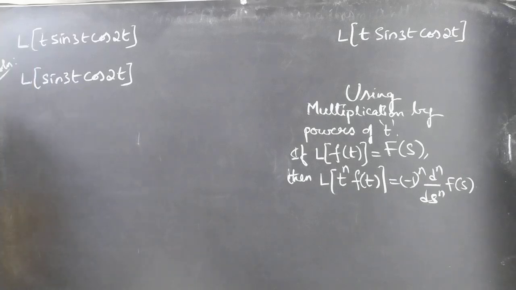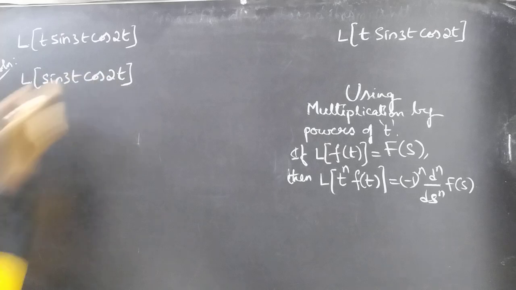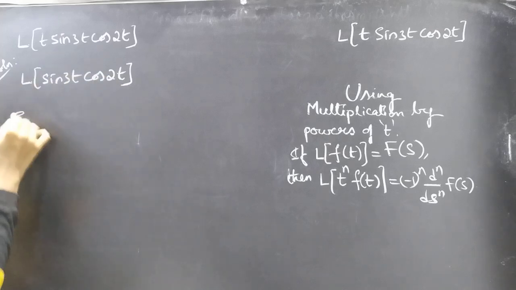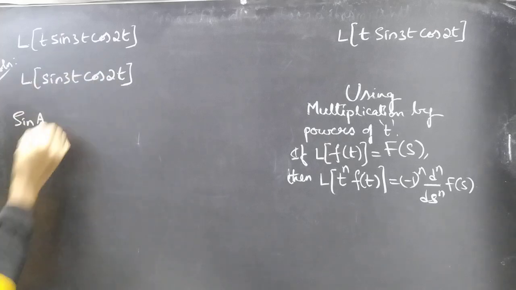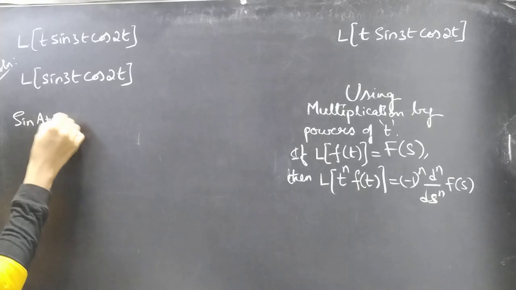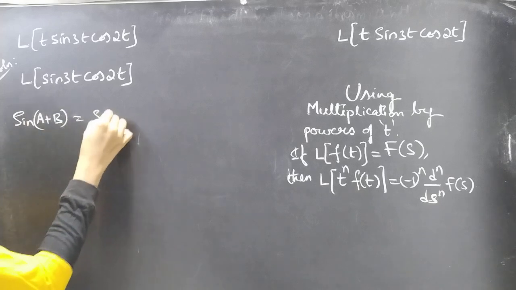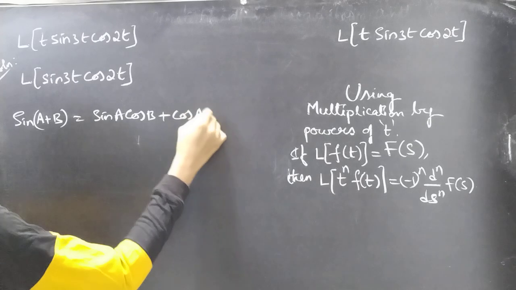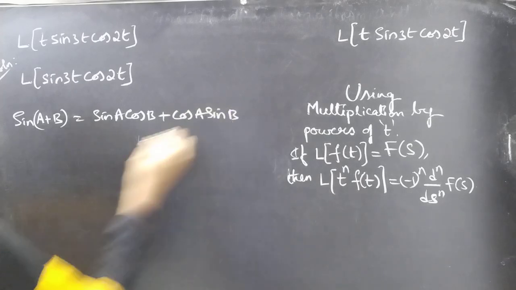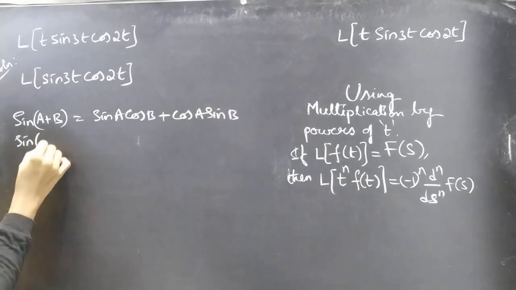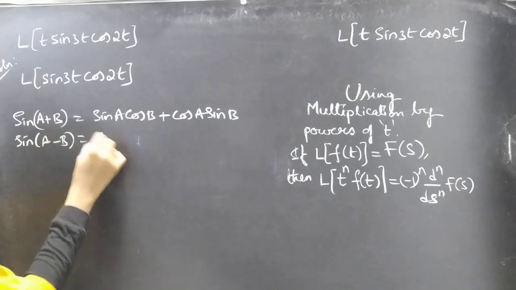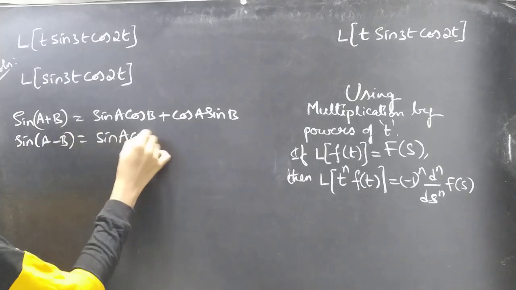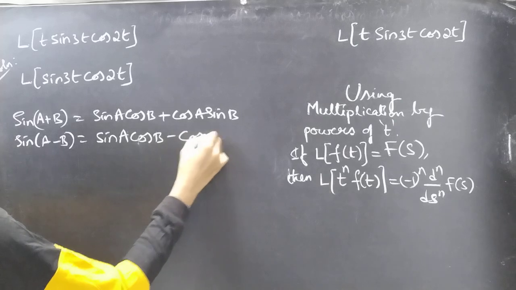So first we will find L of f of t here. Our f of t is of the form sin a into cos b. Since we know that sin(a plus b) equals sin a cos b plus cos a sin b, and sin(a minus b) is sin a cos b minus cos a sin b.